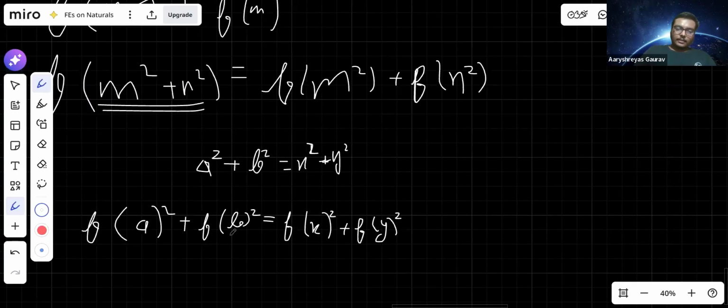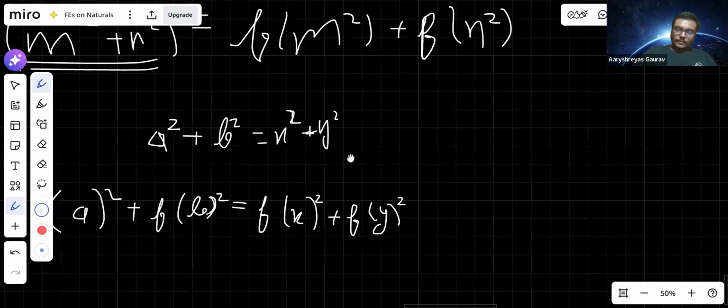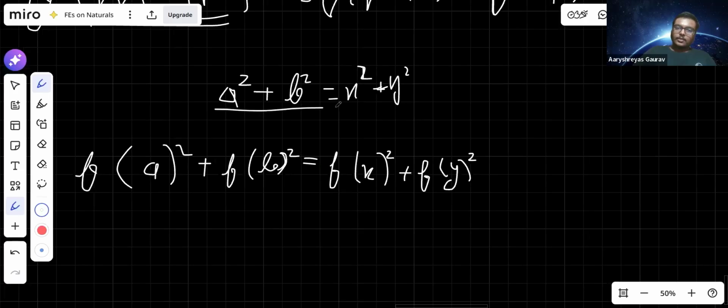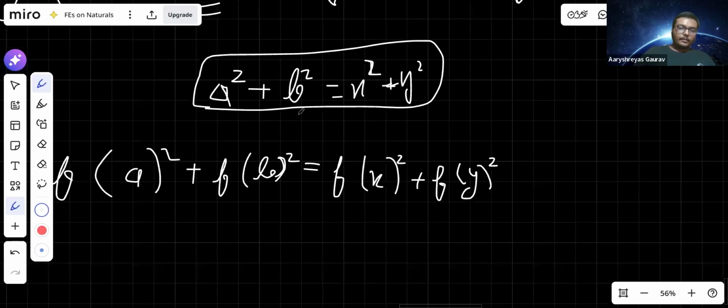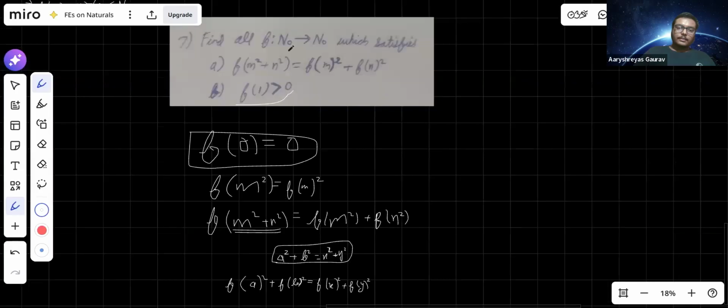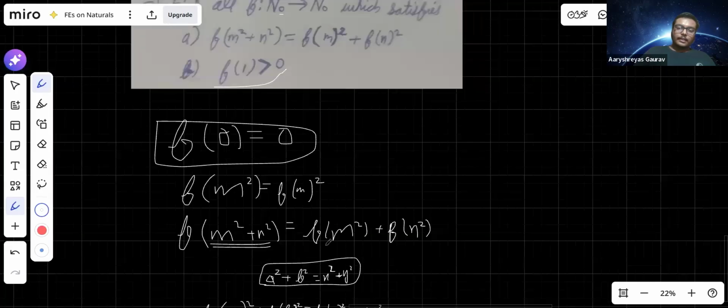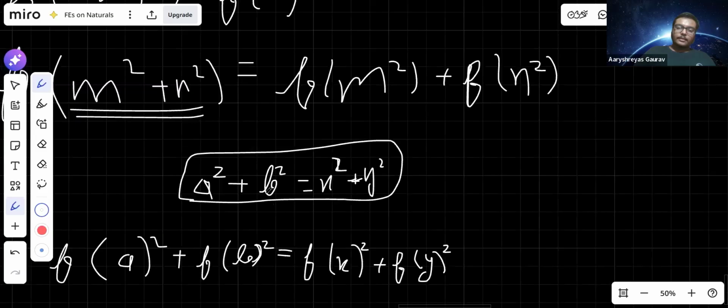Since I mentioned that if we know any three of these four, we can always find the fourth one, how can we use that? How to get actually this? Well, wait a second. Since we have zero, we can definitely put a zero in here. If I say b is zero, then a squared is equal to x squared plus y squared.